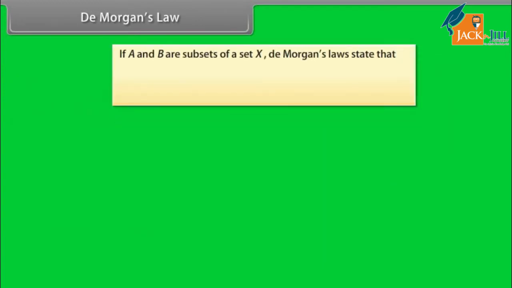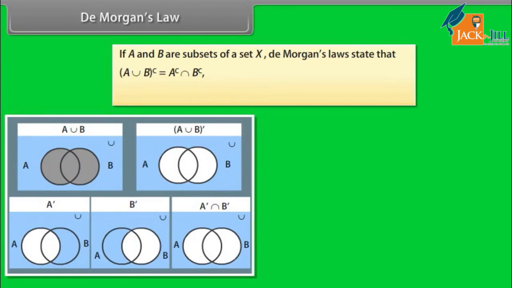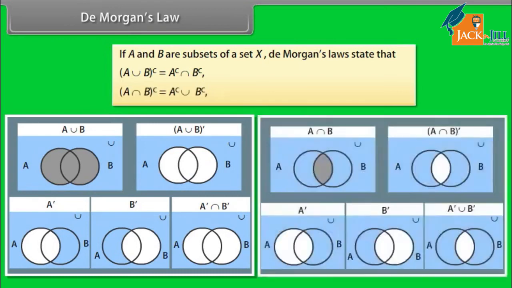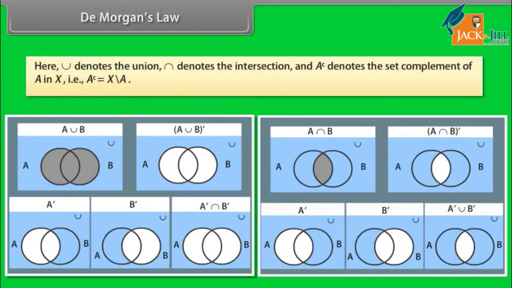If A and B are subsets of a set X, De Morgan's laws state that complement of A union B is equal to complement of A intersection complement of B. Complement of A intersection B is equal to complement of A union complement of B. Here, this denotes the union, this denotes the intersection, and this denotes the set complement of A in X.